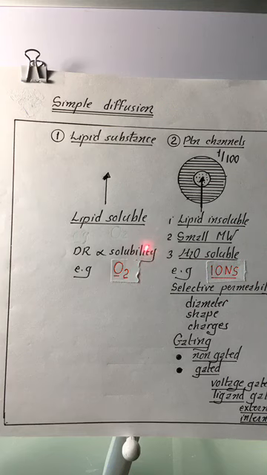And here is one of the factors affecting the diffusion rate we did not mention on the page before. For molecules which are lipid soluble, the more the lipid solubility, the more will be the rate of their diffusion. And you know what is the best example of this? It is oxygen.